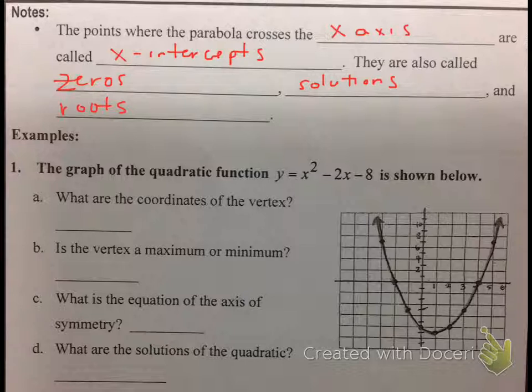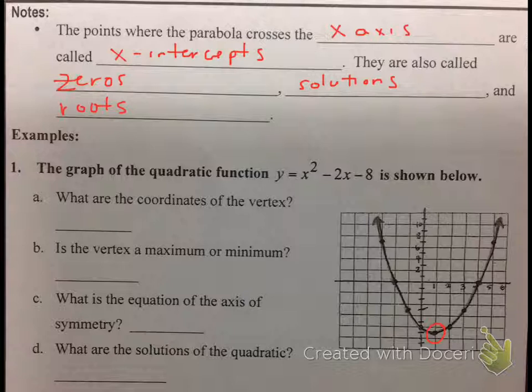All right, so let's look at this first example. The graph of the quadratic function y equals x squared minus 2x minus 8 is shown below. What are the coordinates of the vertex? So I need to find the vertex. Where's the vertex? Right here, right? Okay. And if we go down, it looks like our graph is going by 2's. So the little in-between marks are 1.